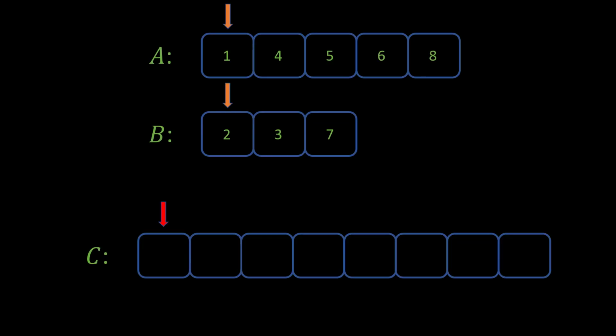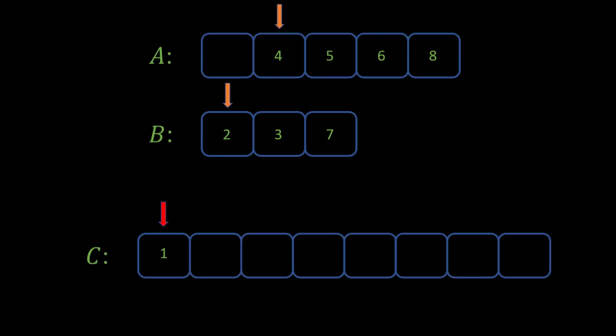So, in this case, the smallest number is the first number in A, and hence we take it. Next, we want the second smallest element in C. Since we already got rid of 1, we can move the pointer in A one step forward, as there's currently no element in A in the first index.